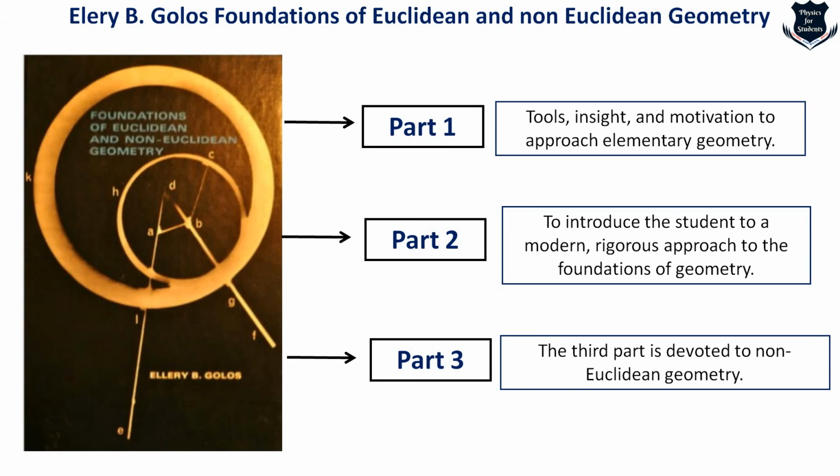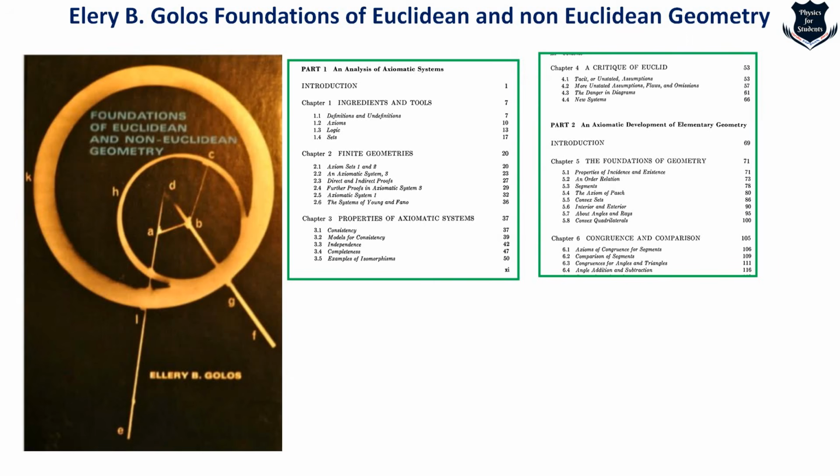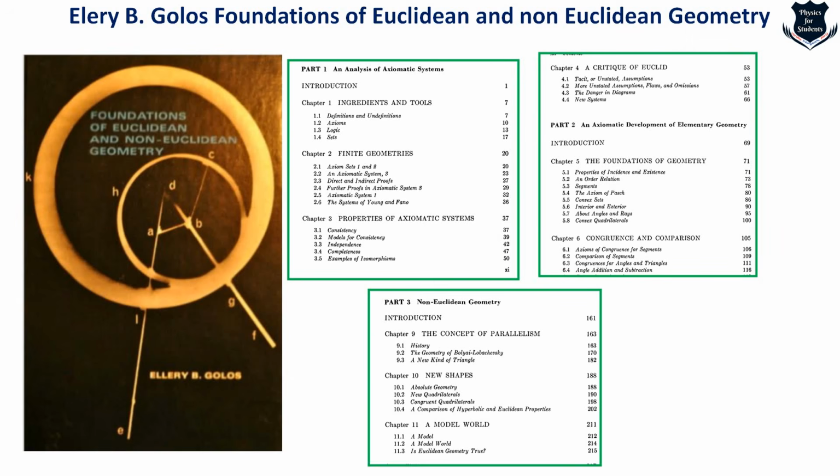This is not a very popular book, but I can tell you it is an amazing, step-by-step approach towards non-Euclidean geometry. This page would give you an insight into how the book is arranged, a basic synopsis of the contents. You can go ahead and read this book. Part 1, the introduction. Second, the axiomatic developments, and third, coming to non-Euclidean geometry.